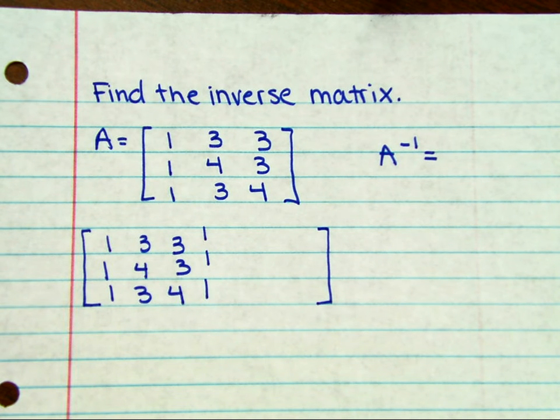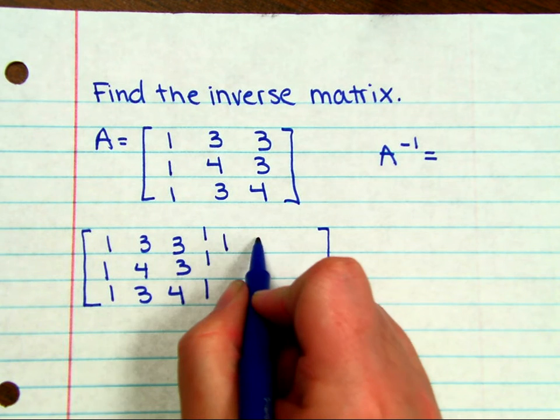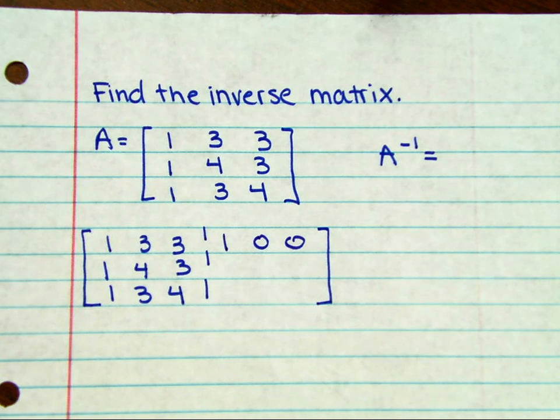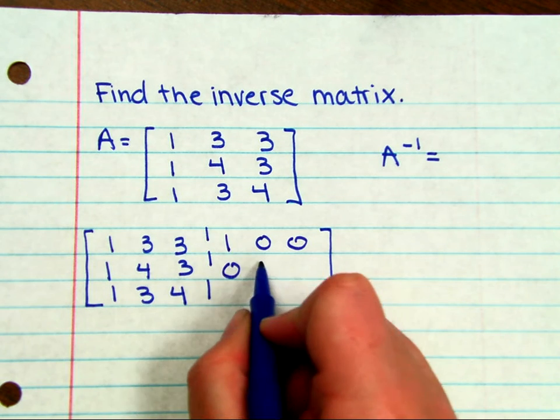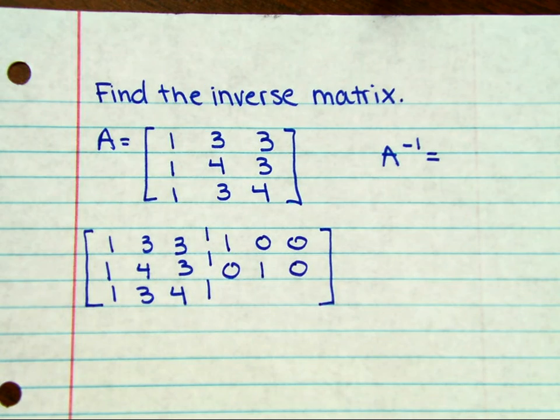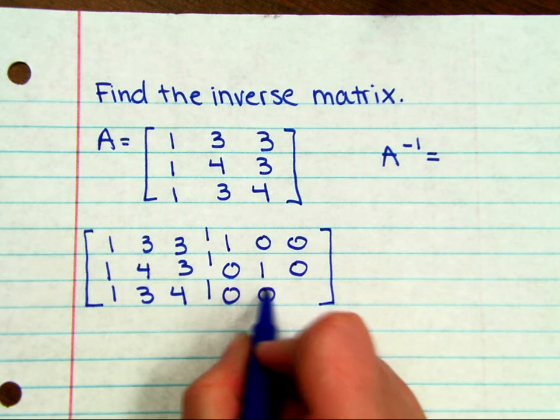And remember, I said the identity matrix is that matrix of zeros and ones. So we had 1, 0, 0, 0, 1, 0, and 0, 0, 1.